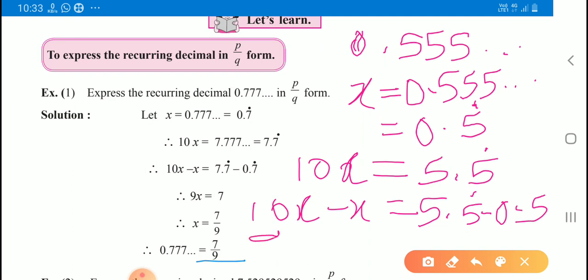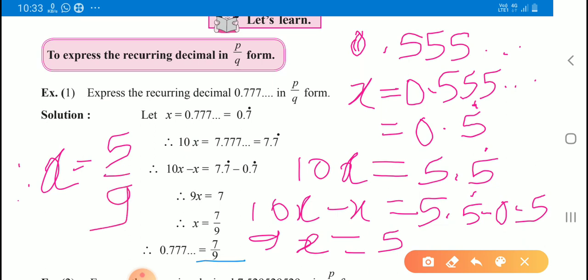So 9x is equal to 5. Therefore x is equal to 5 upon 9. Okay, means we expressed the recurring decimal 0.555 in the form of P upon Q, that is 5 upon 9.